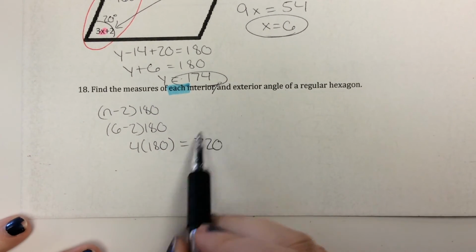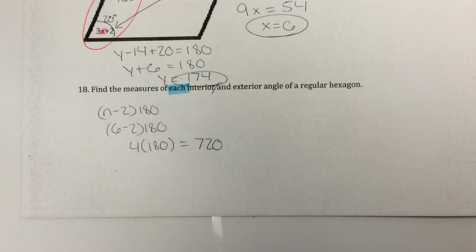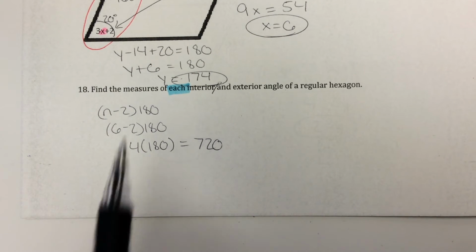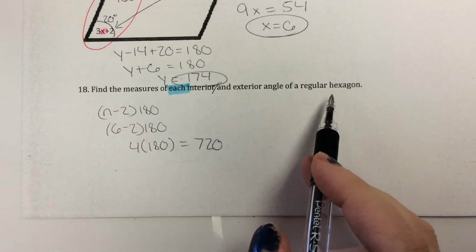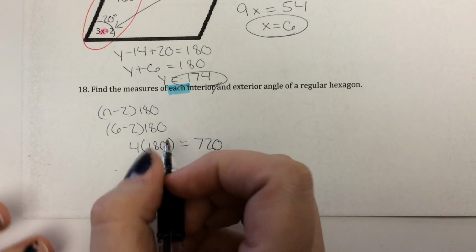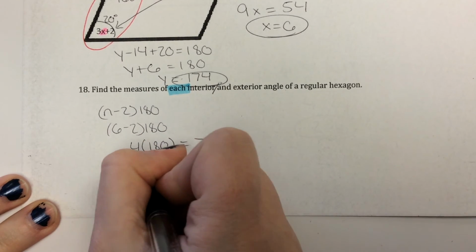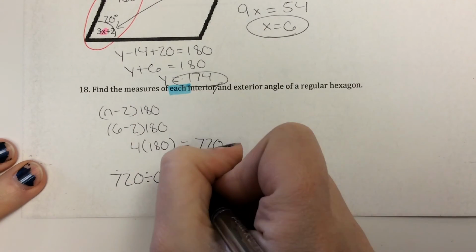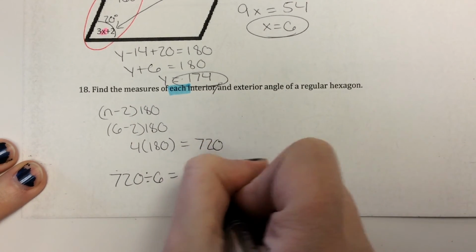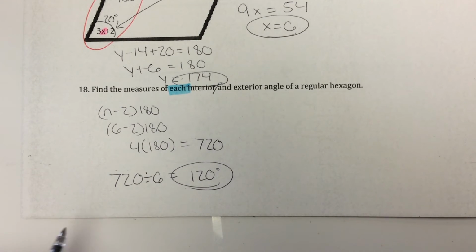Now, this is the sum of all of them, so if you want to find what each one individually is, you got to divide it by how many angles there are. If it's 6-sided, it's also 6-angled. Is angled a word? I don't know. So we need to take 720 and divide it by 6. So each angle is 120 degrees.